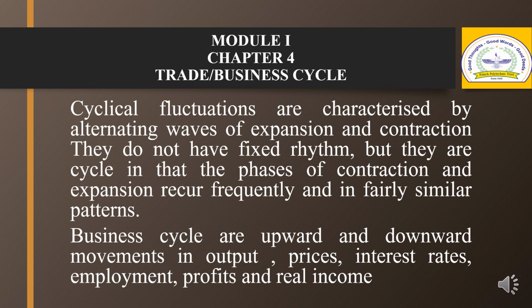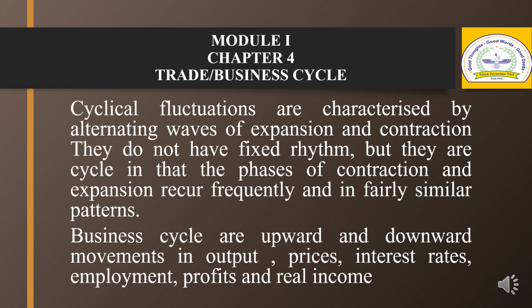The term trade cycle has been defined in various ways by different economists like Haberler, Keynes, Samuelson, etc. According to them, Professor Haberler explained that cyclical fluctuations are characterized by alternating waves of expansion and contraction.